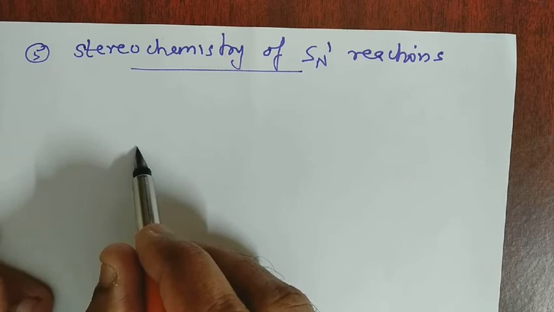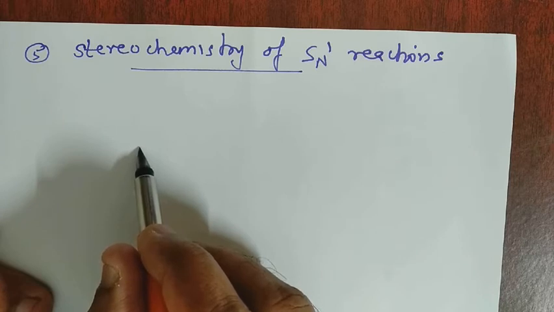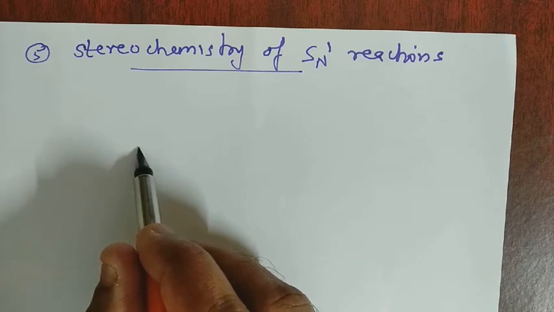That is, half of the molecules have the same configuration as that of the reactant, and the remaining half have the opposite configuration. Hence, the product is expected to be a racemic mixture.